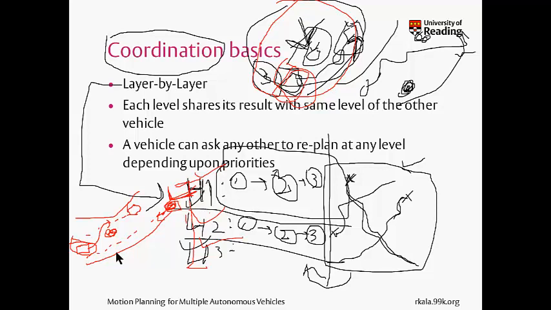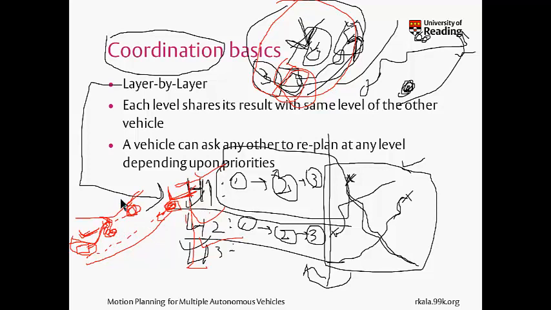Prioritized planning says that a higher priority vehicle never considers a lower priority vehicle in its planning. So let me say that this vehicle selected this route, and for now let us say that the other vehicle had a lower priority, so this completely disregarded that vehicle. Now it will have to inform this vehicle: I am coming from here, you are a low priority vehicle, I have priority over you in this region, I will not consider you in this region, and therefore you need to replan at the pathway level.